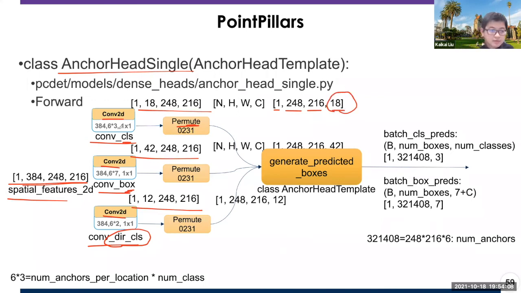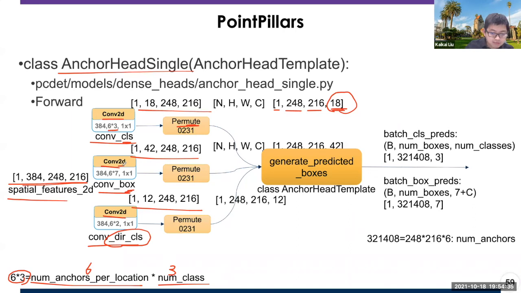Why is the 18 actually 3 times 6? Where does it come from? It's the number of anchors per location times the number of classes, because KITTI has 3 classes and the number of anchors per location is 6. That's why classification has 18.